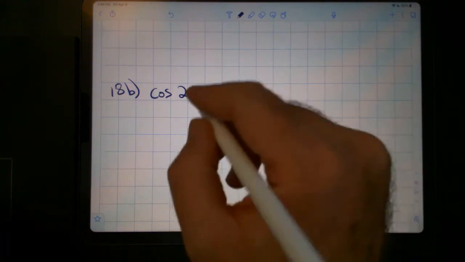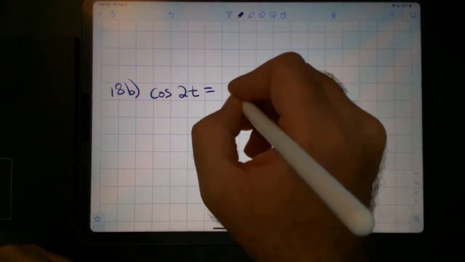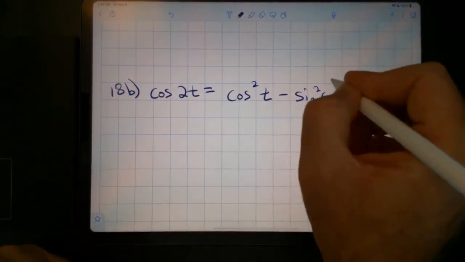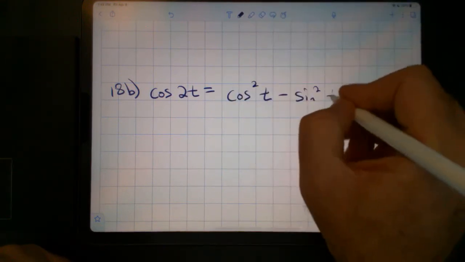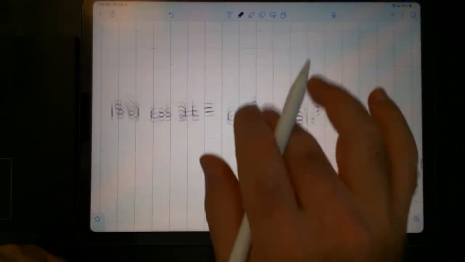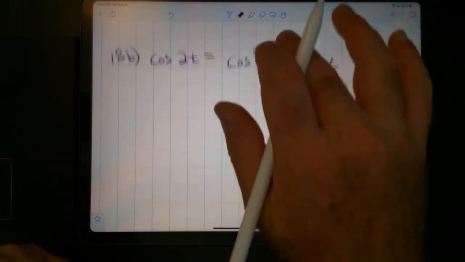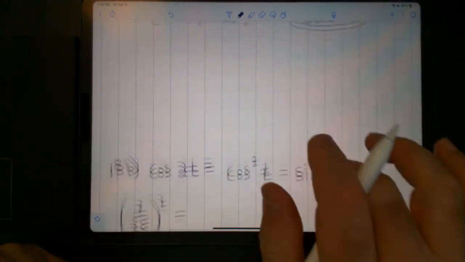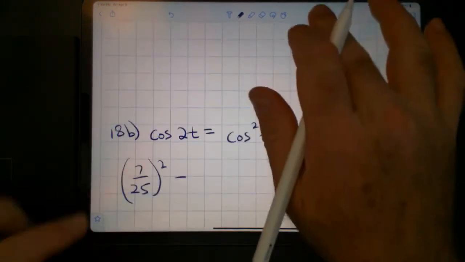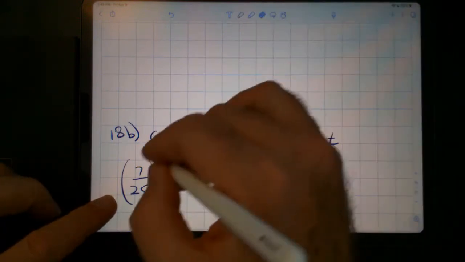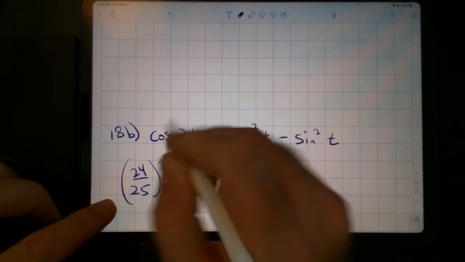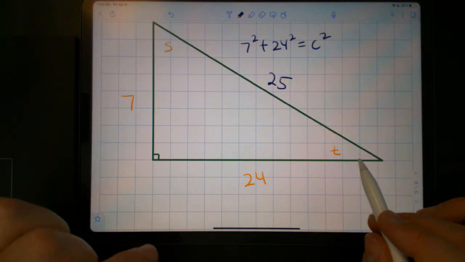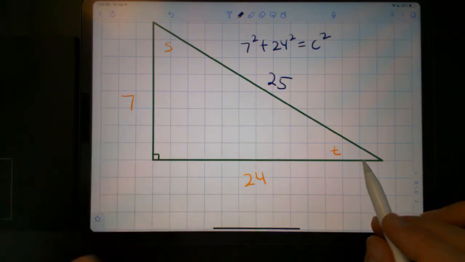18b, cosine 2t. So let's go with cosine squared t minus sine squared t. So cosine of t is 7 over 25, and we're squaring this, minus sine. I'm sorry, this is not cosine. Cosine would be 24. Cosine is adjacent over hypotenuse, and sine is opposite over hypotenuse.